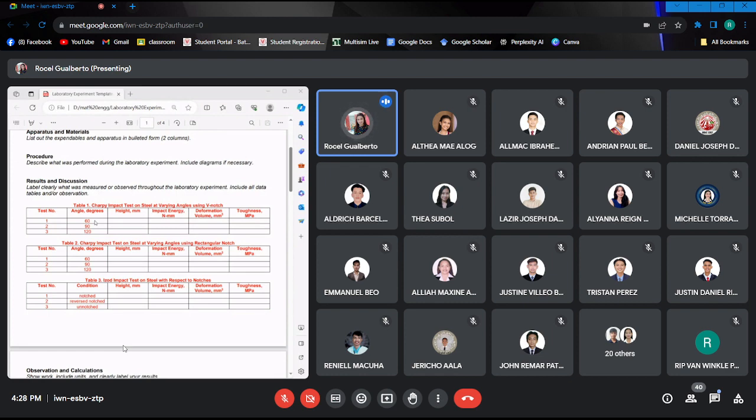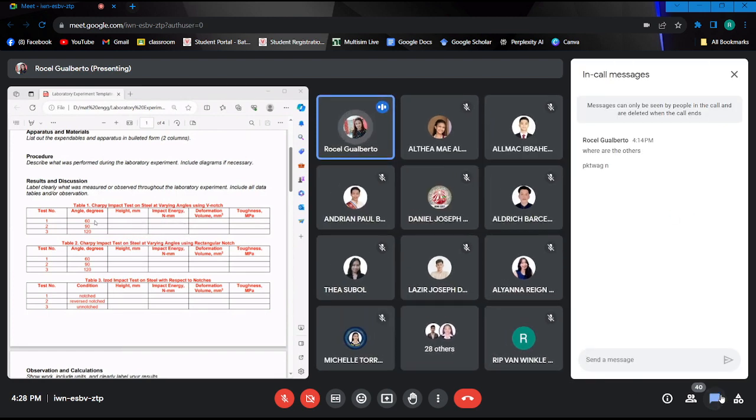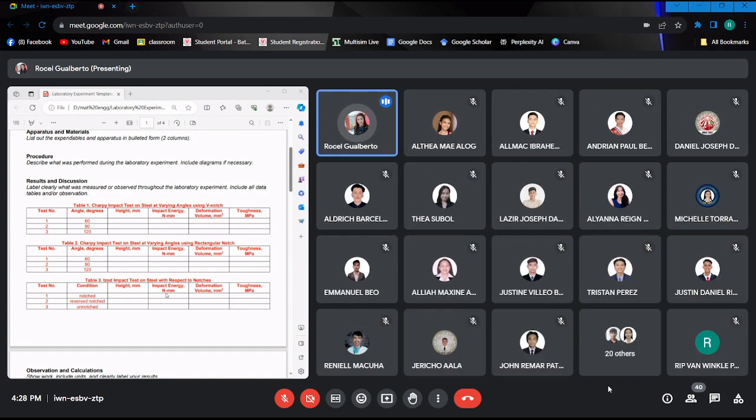The difference of the initial and final height is how we determine the impact energy, the deformation, and the toughness. This height means the difference in height.